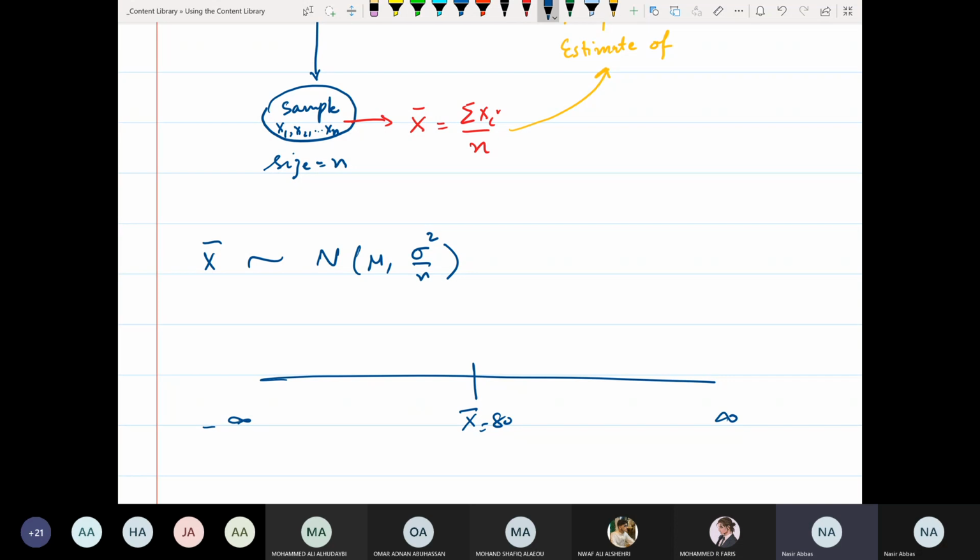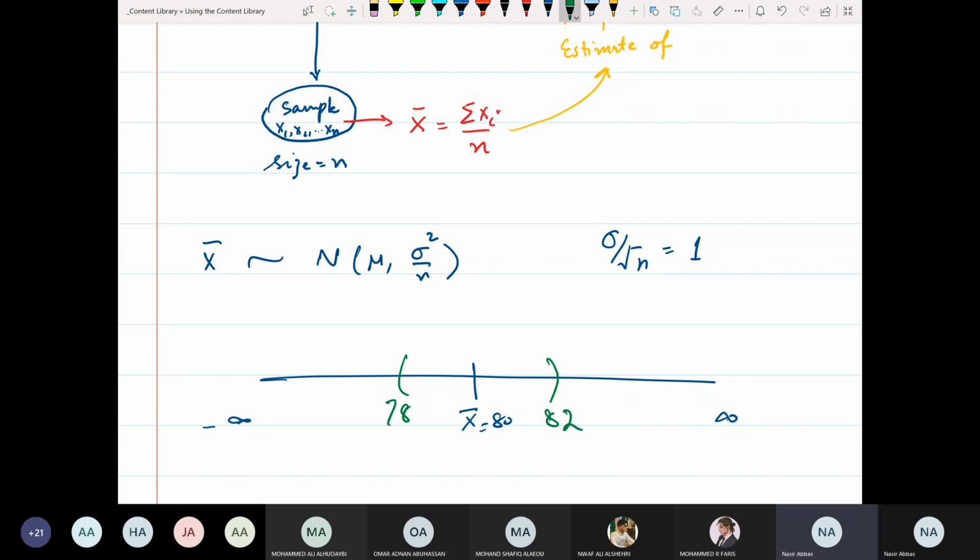If you say 95%, that will be plus minus 2 standard deviations. So let us say your sigma over square root of n is 1. Then you can say that we are 95% confident that your mu is between 78 and 82.